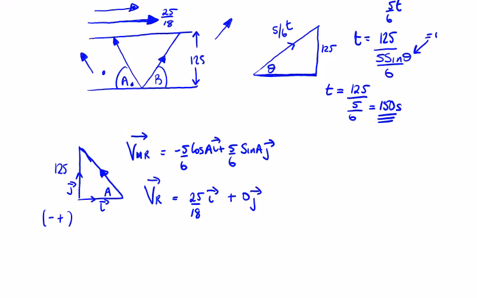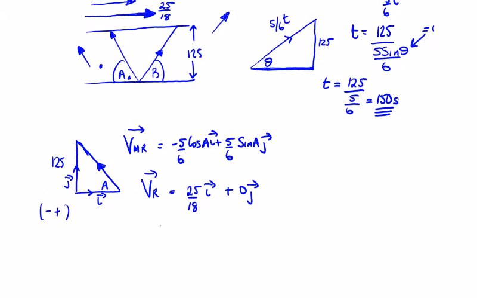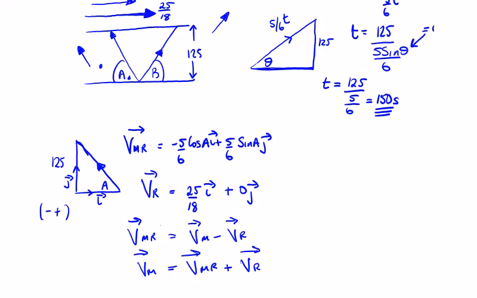We're missing the velocity of the man here, which we'll need. So the velocity of the man relative to the river is the velocity of the man minus the velocity of the river. So to get the velocity of the man on its own, again, we add the other two. We've seen this a lot now. So that's equal to the velocity of the man relative to the river plus the velocity of the river, which we have up above.